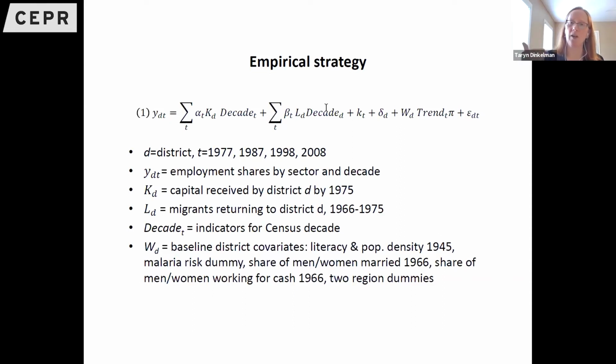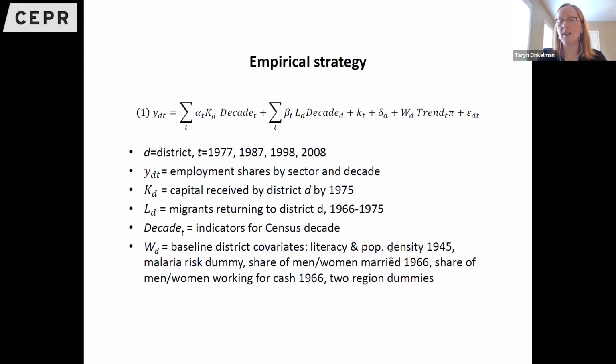But just to note, we're going to control for local labor market fixed effects and decade fixed effects. We're going to control for a set of baseline historical district covariates interacted with trend, because we don't have any information on employment sectors in 1966. The census didn't capture this.